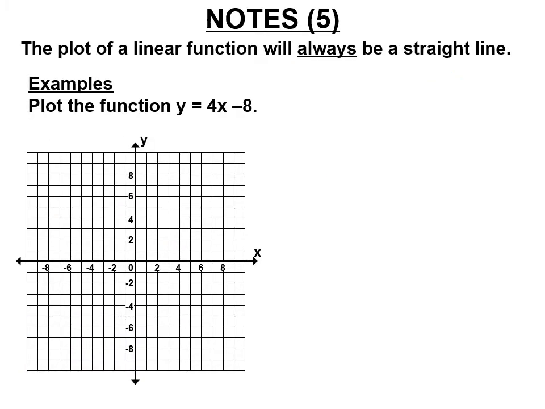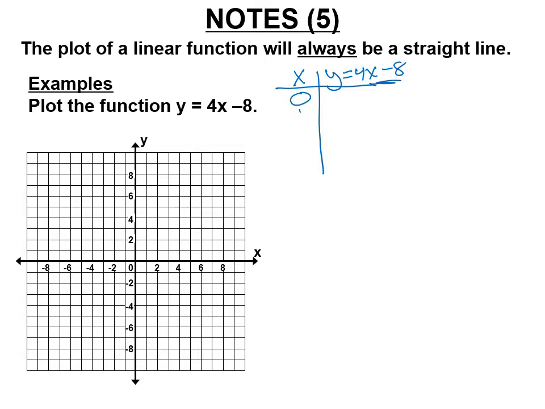Okay, so we're going to plot our very first linear function here. So y equals 4x minus 8. So we're going to make a t-table, and we're going to put x on the left, and y on the right, and y equals 4x minus 8. Now I feel like we just did this one, so let's just make sure.